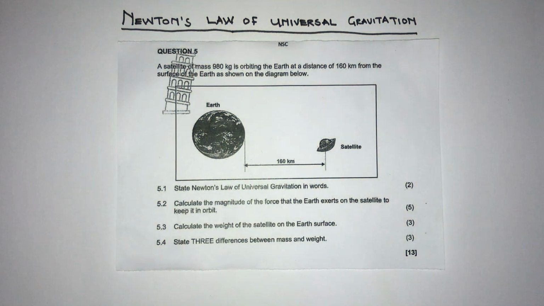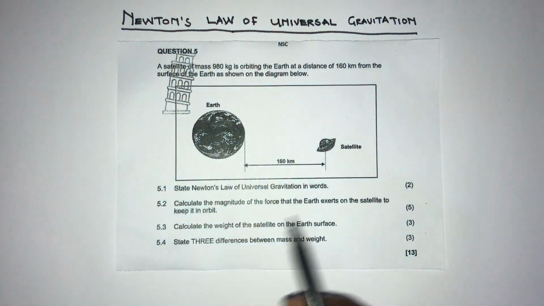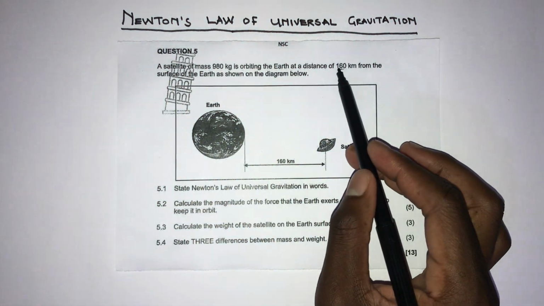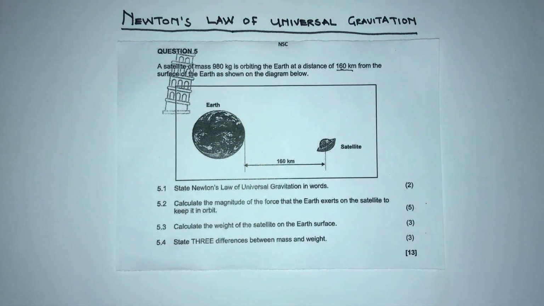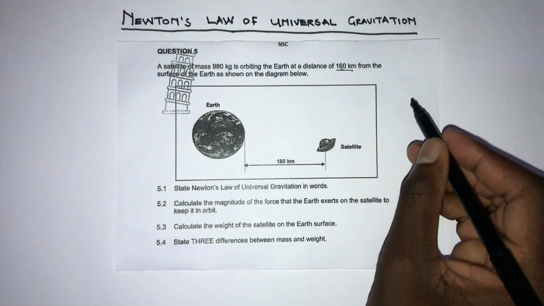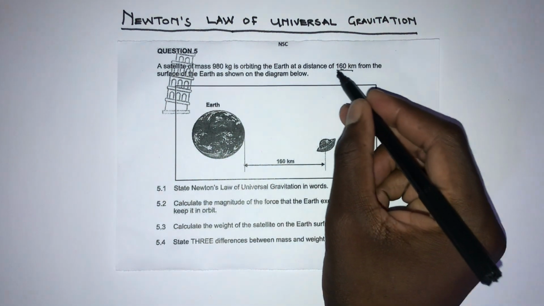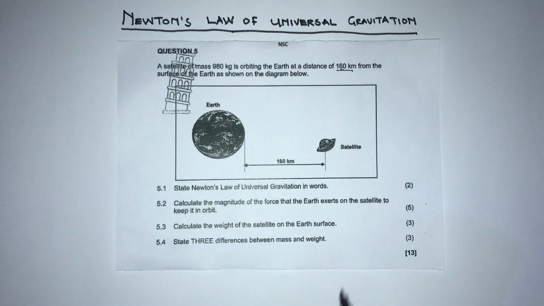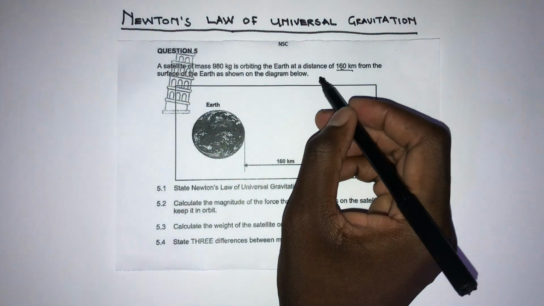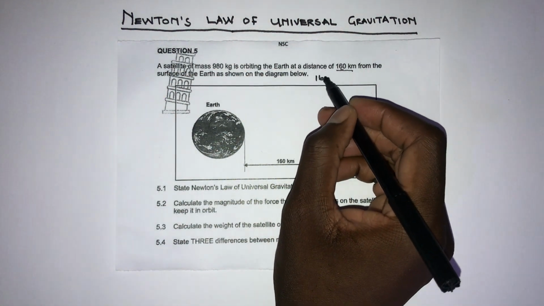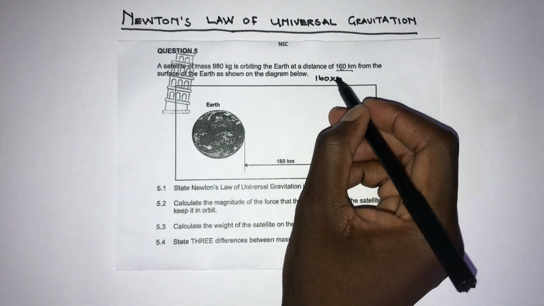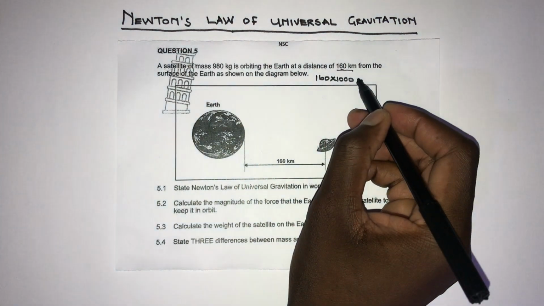So before we can start calculating, we must make sure that we convert the distance from kilometers to meters. So this one is 160 kilometers. To convert kilometers to meters, we just multiply by 1000.